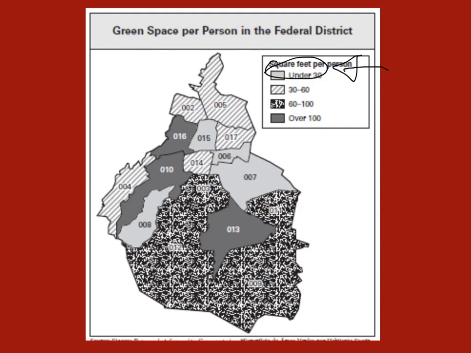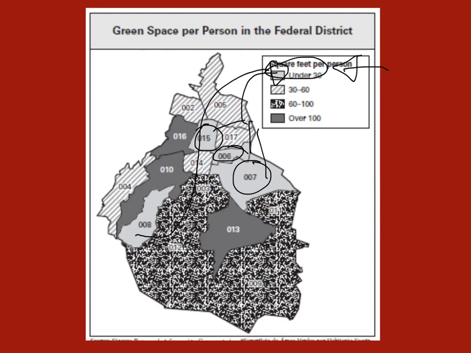Now, the next thing that we have to do is identify the districts that fit in this area. And we see that it is number 15, number 6, and number 7, because all three of these correspond with this color right here. Ooh, I forgot number 8 as well.